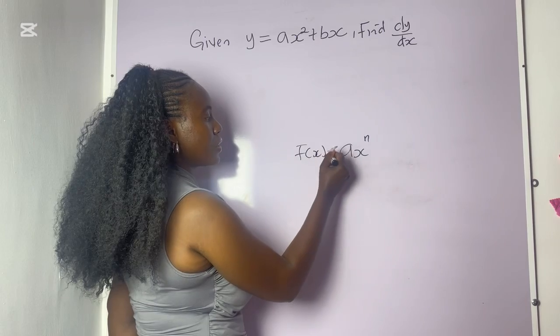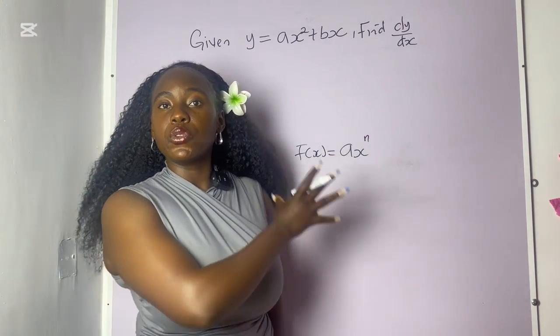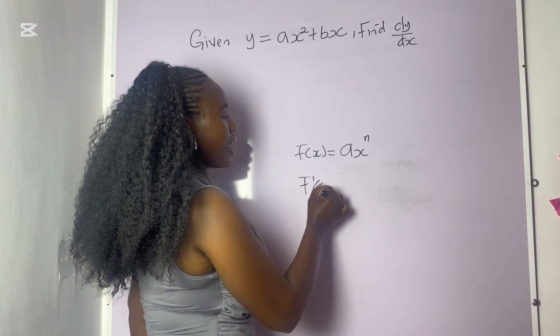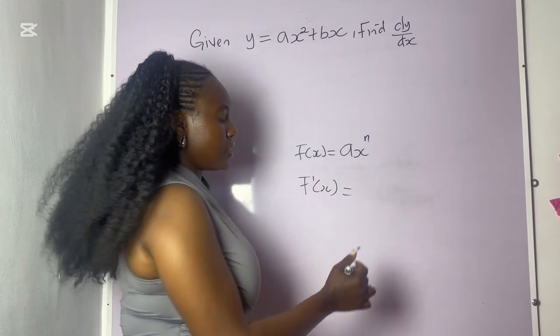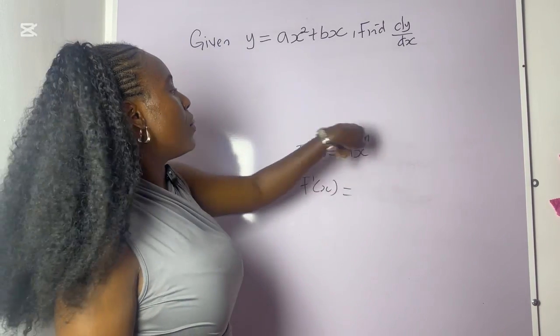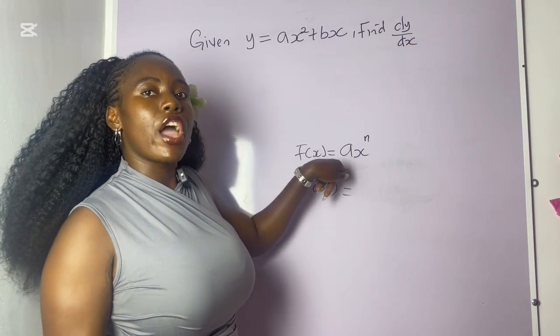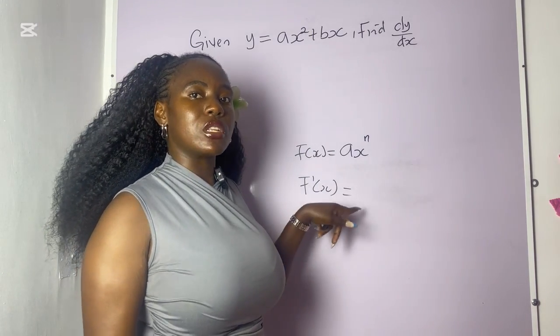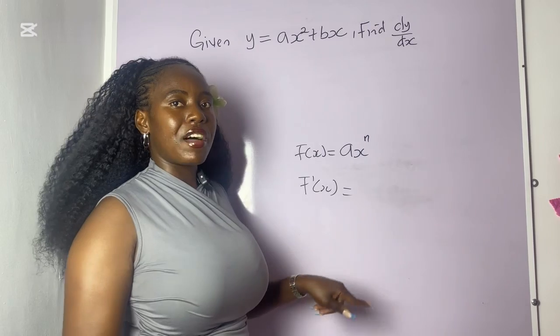To use the power rule to differentiate this is very simple. You're going to have this to be f prime of x. The power rule states that the power of the variable will come down and multiply the coefficient of that variable. Then you subtract 1 from the power of that variable.